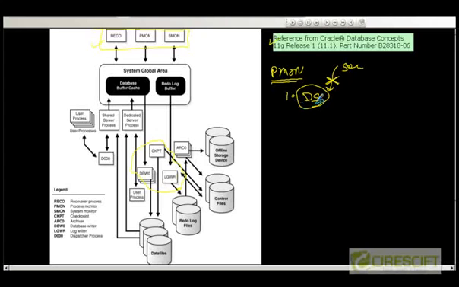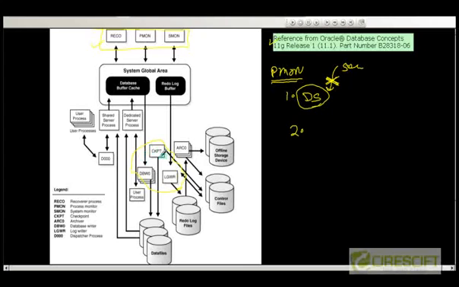While cleaning up, when the connection disconnected, the user might have started a transaction that has neither been committed nor rolled back. Then PMON is going to roll back that transaction. The number two job of PMON is to look at the other background processes and check whether they are running fine.